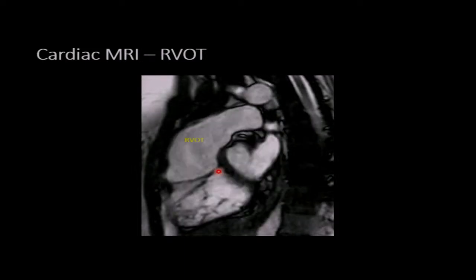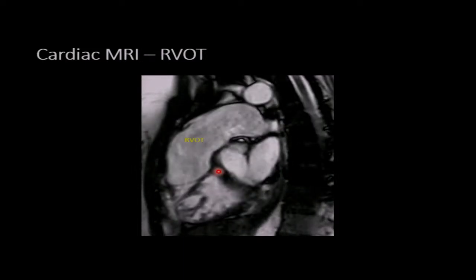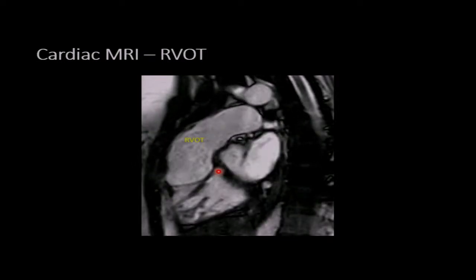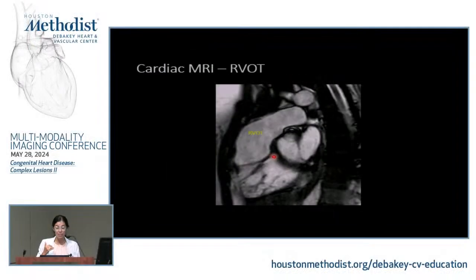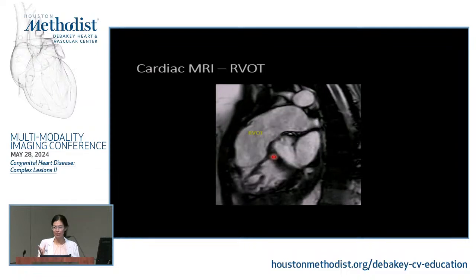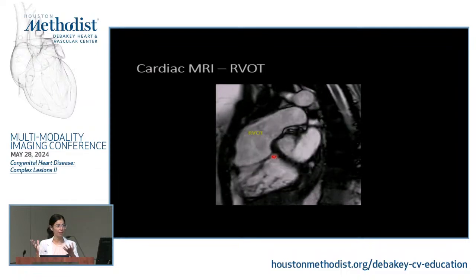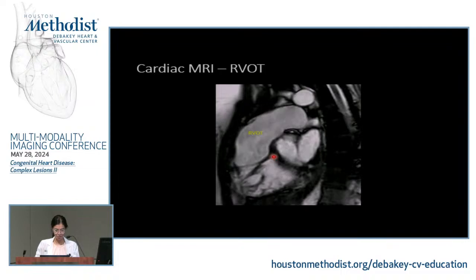Do you see any contractile function here? No. So this is patch material. Sometimes it may look very aneurysmal too. So when you interpret RV ejection fraction in tetralogy of Fallot, you need to consider that you have an area of the right ventricle that is not pumping forward.